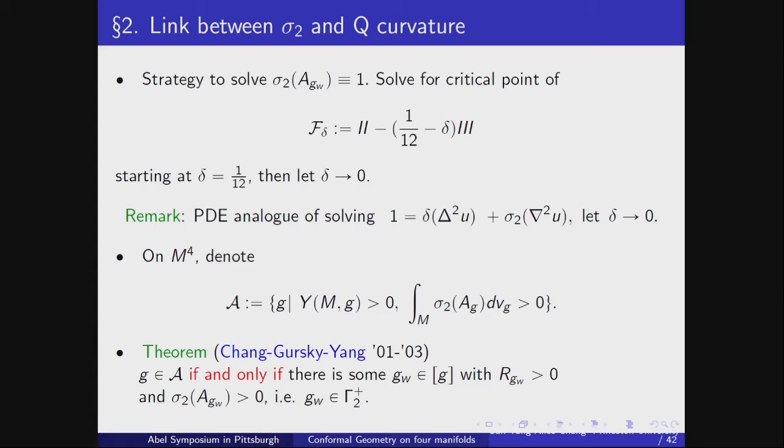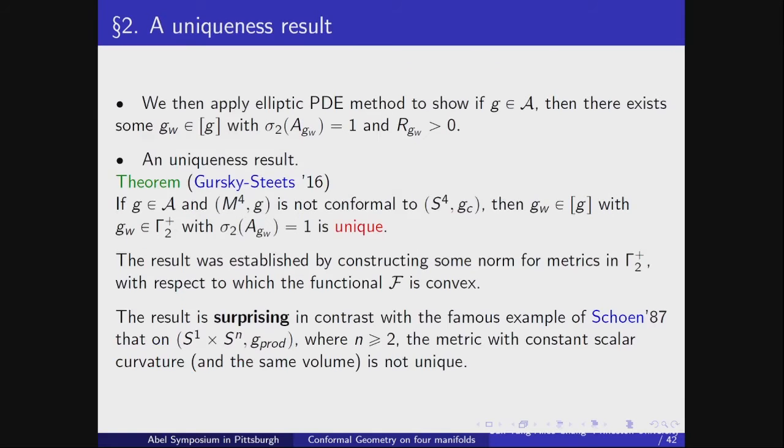So we bring in analytic tools to study metrics in the positive 2 cone. Okay. And now there's another result I want to report, and that's the result of Gursky and Streets in 2016, a more recent result.